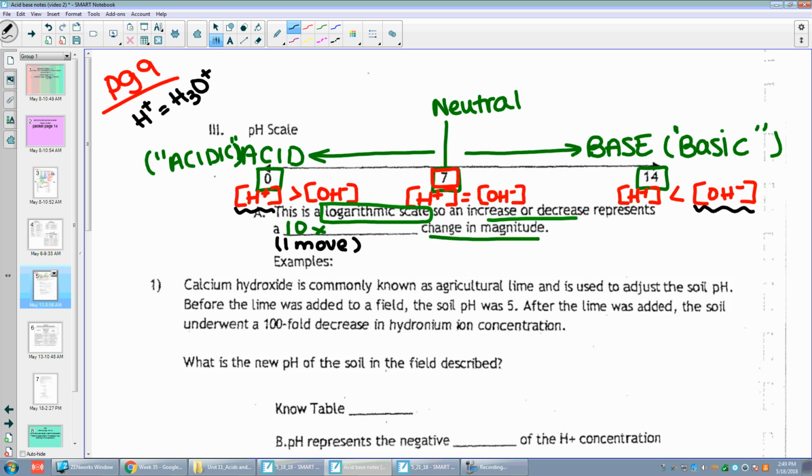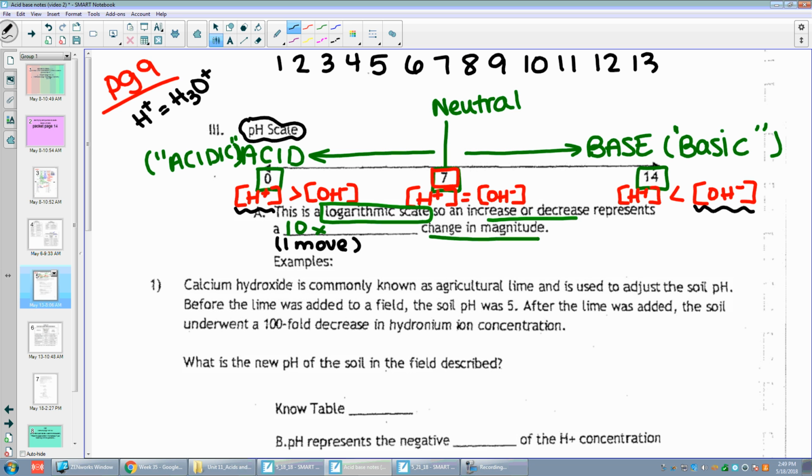So you can think of these as if I made my pH scale right up here, it goes 0 to 14, but let's just write it out. 1, 2, 3, 4, 5, 6, 7, 8, 9, 10, 11, 12, 13, 14. If I'm looking at my pH scale, one move, if I go from 4 to 5 or 5 to 4, if I go either way, that is a 10 times move.